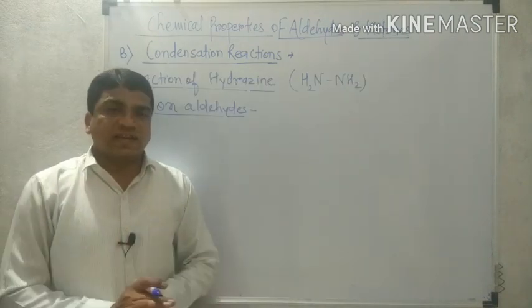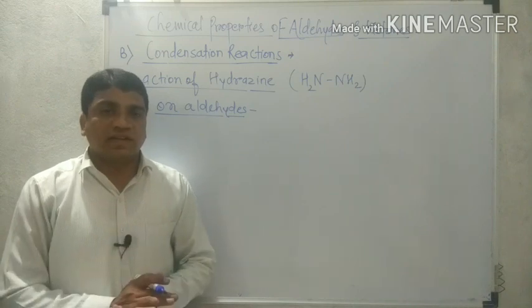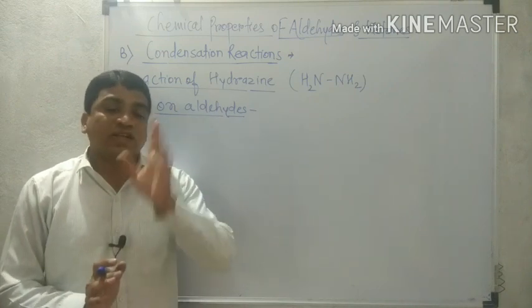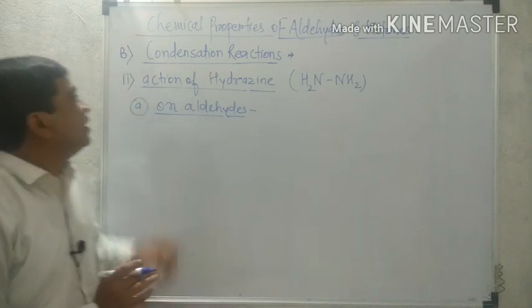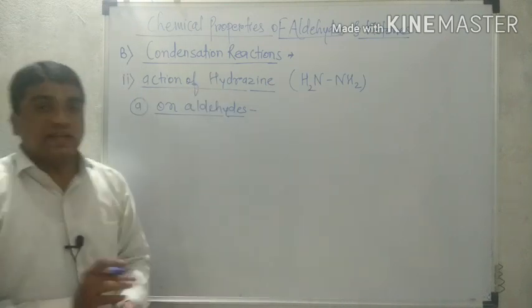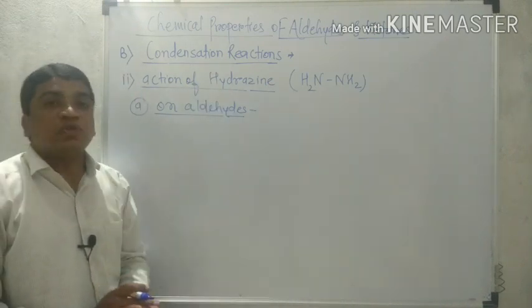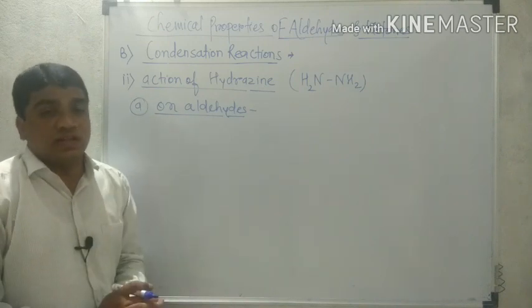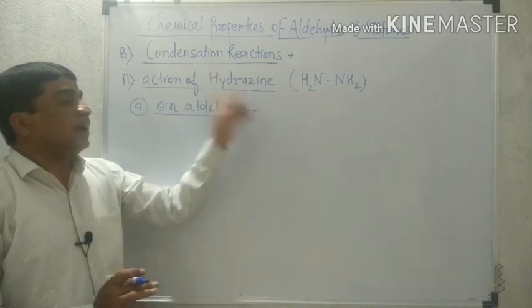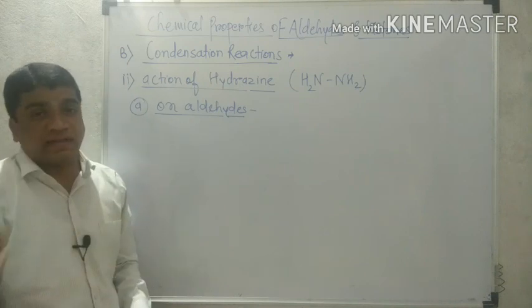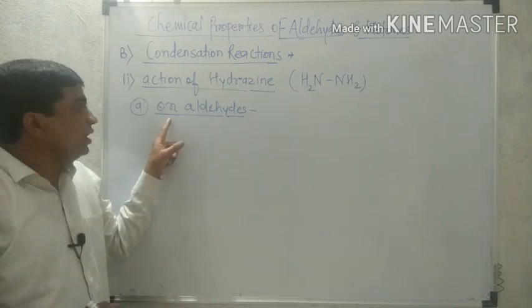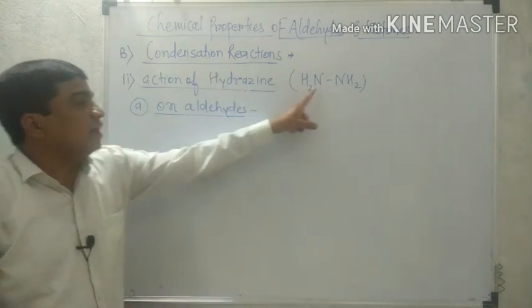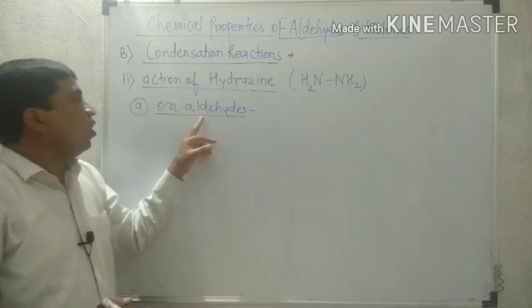Now the second reaction in condensation reactions of aldehyde, after the action of hydroxylamine, is the action of hydrazine, having formula NH2NH2. This is also a condensation reaction. Hydrazine reacts with aldehyde as well as ketone. We are going to discuss firstly the action of hydrazine, NH2NH2, on aldehyde.